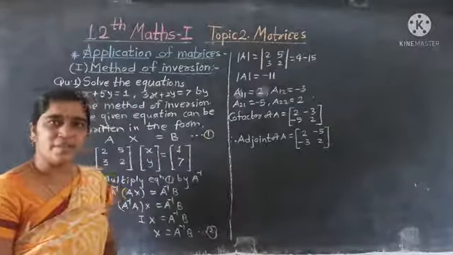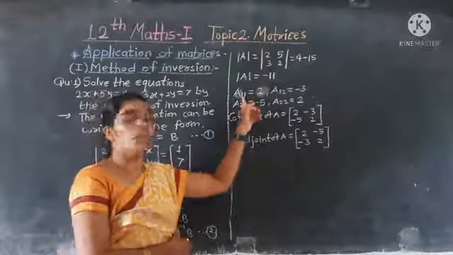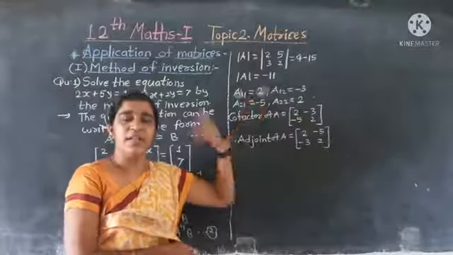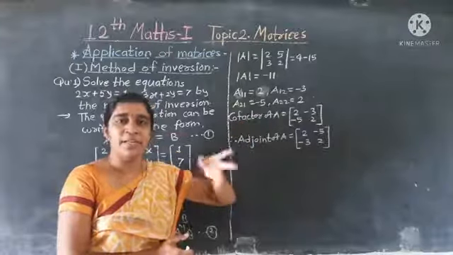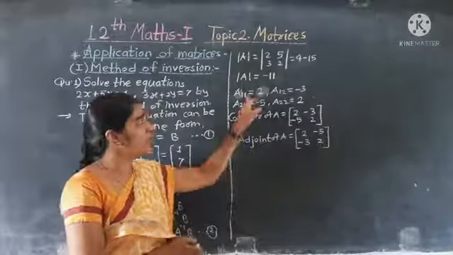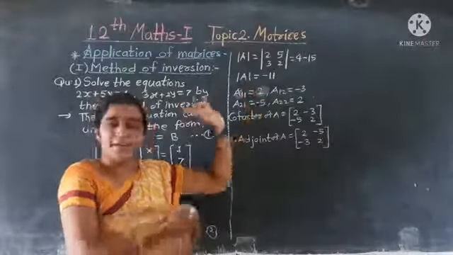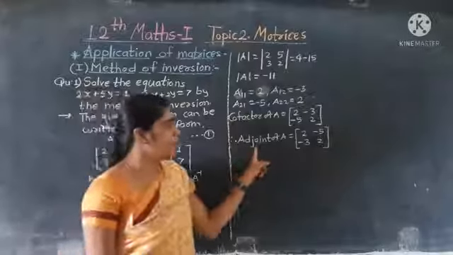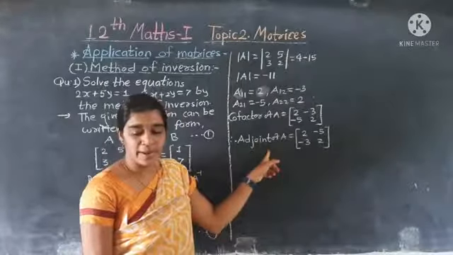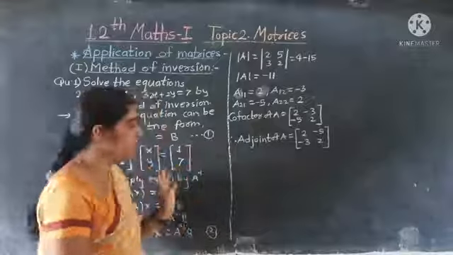Okay, understand? Here I directly find the cofactor. In the earlier video we found first the element, then the minor and then the cofactor. By practice you directly write here. Okay, so we get adjoint of A as 2, minus 5, minus 3 and 2.